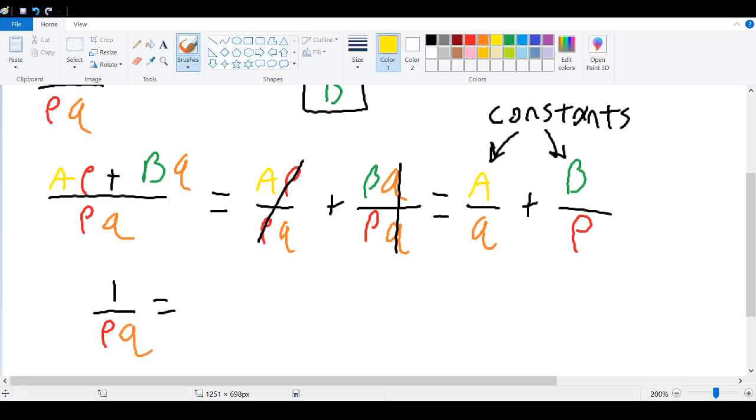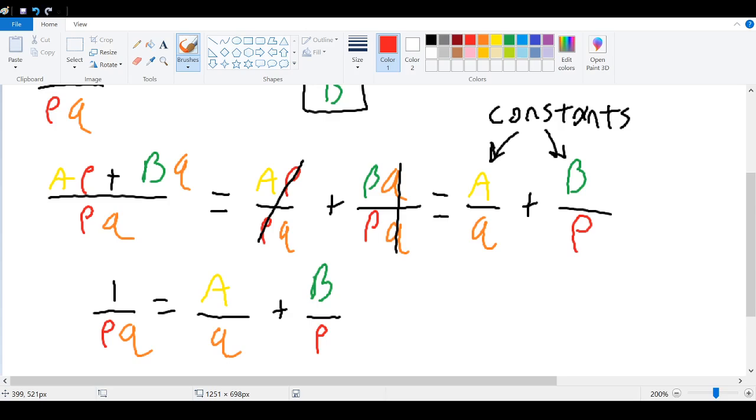We know that this is equal to some constant A over one of the factors, Q, plus B over the other factor, P. All right? And so this explains why we can do partial fraction decomposition, at least for this case.